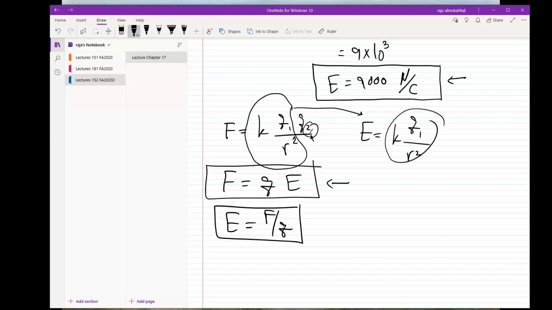Okay? So when you're asked how the electric field E is related to Coulomb's law, the relationship between E and F is this one.